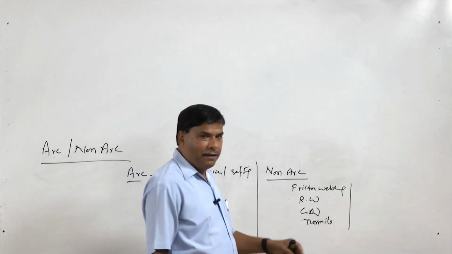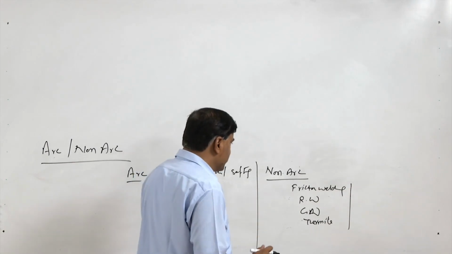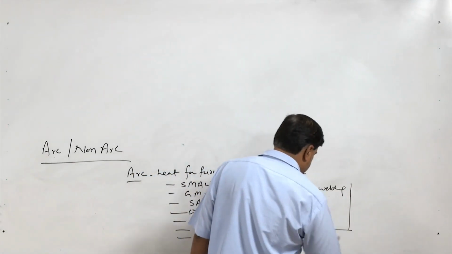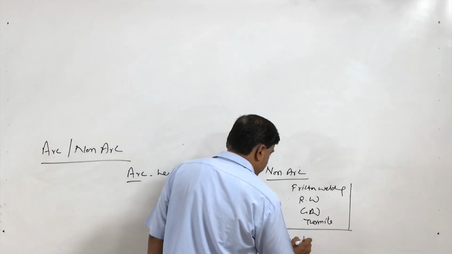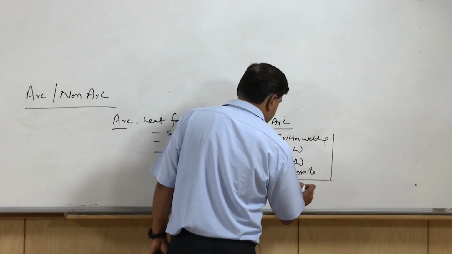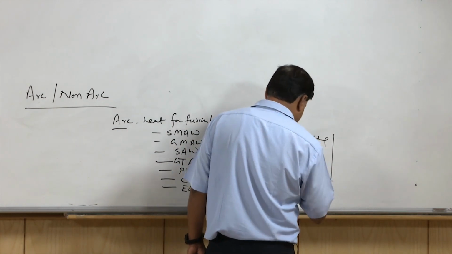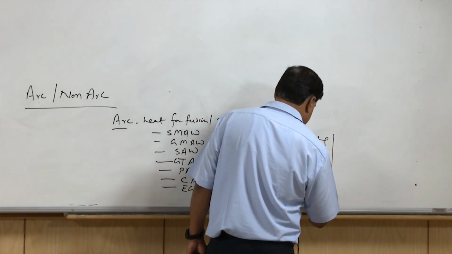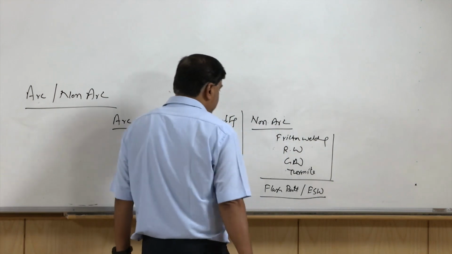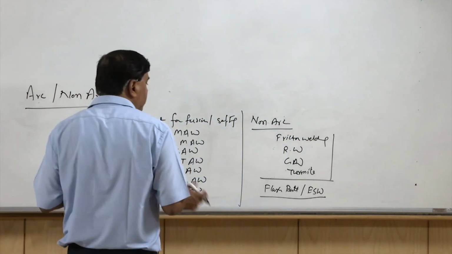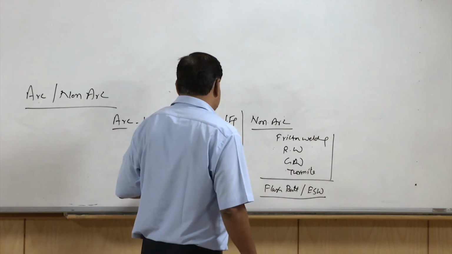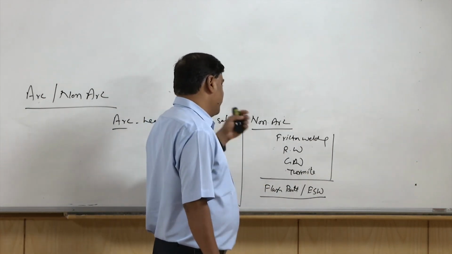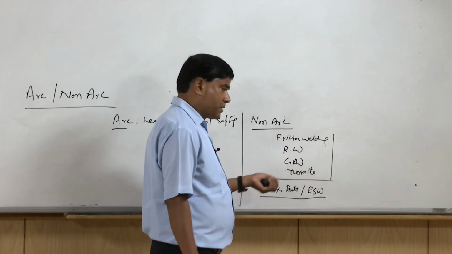but still there are controversies in the case of two processes. One is flash butt welding, and another is electro slag welding. These are the two processes that were found to be difficult to place in either of the categories, like flash butt welding or electro slag welding.